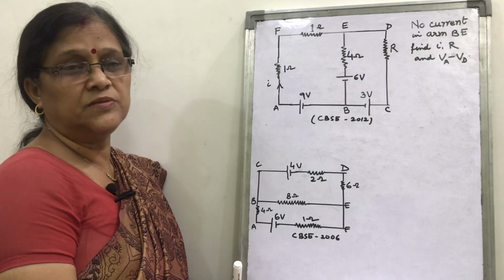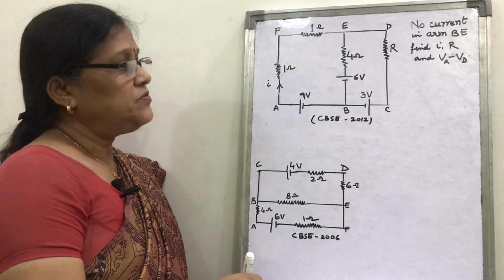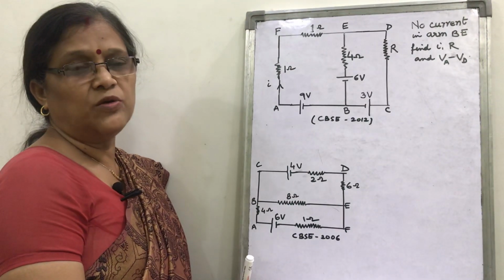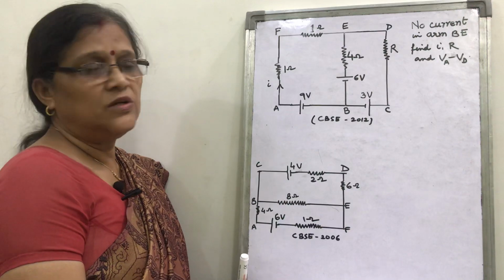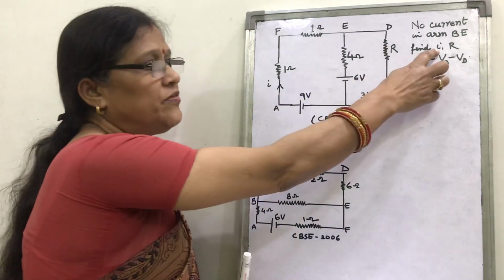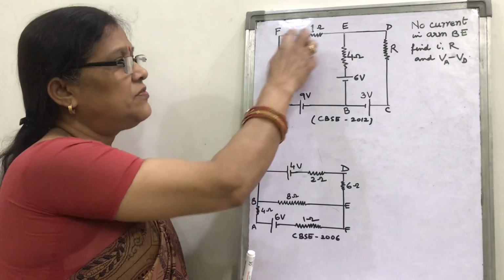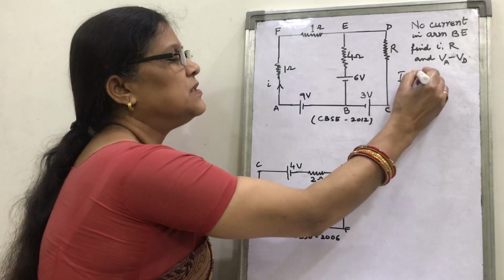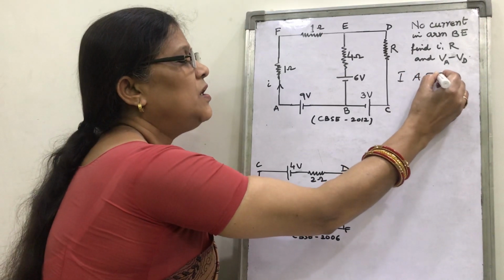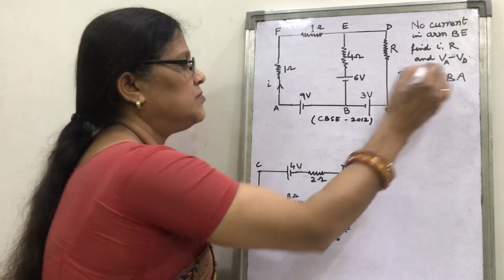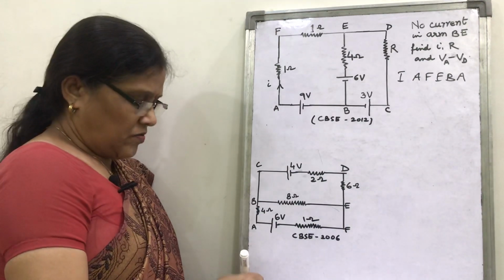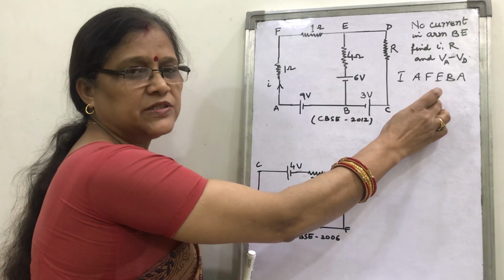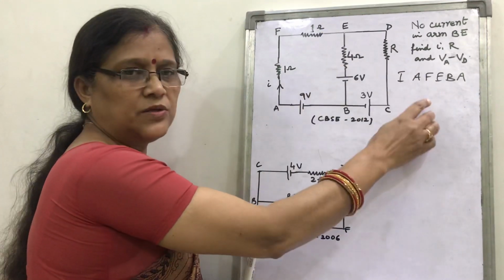using Kirchhoff's rules. As we have read in theory, there are two rules, the junction rule and the loop rule. If we have to find the value of I, we consider the first loop A, F, E, B and A. We have read that the summation of all potential differences in a loop is 0.